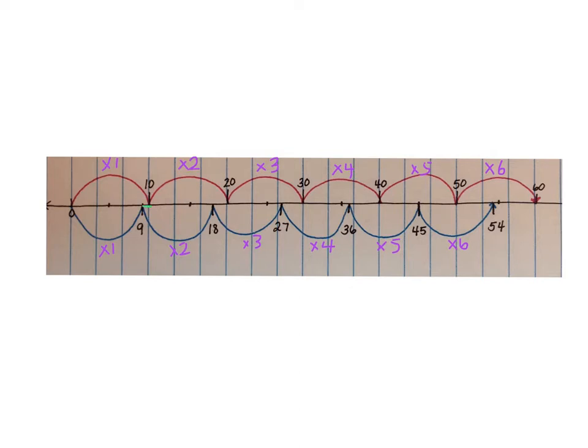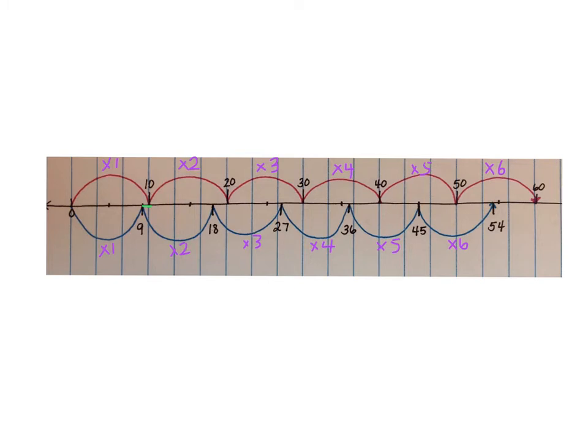So after times 1, there's a space of 1 in between those jumps. If you think about the top row being like a bigger kangaroo, it takes bigger jumps each time, and the bottom would be a smaller kangaroo. Its jumps aren't quite as big, so it's not going as far.